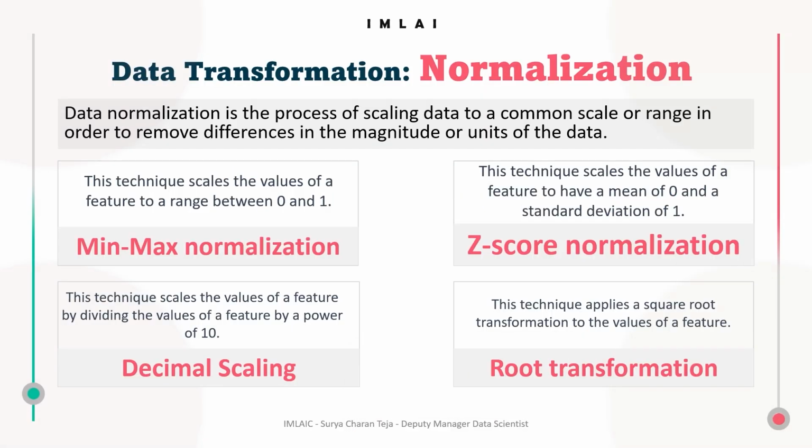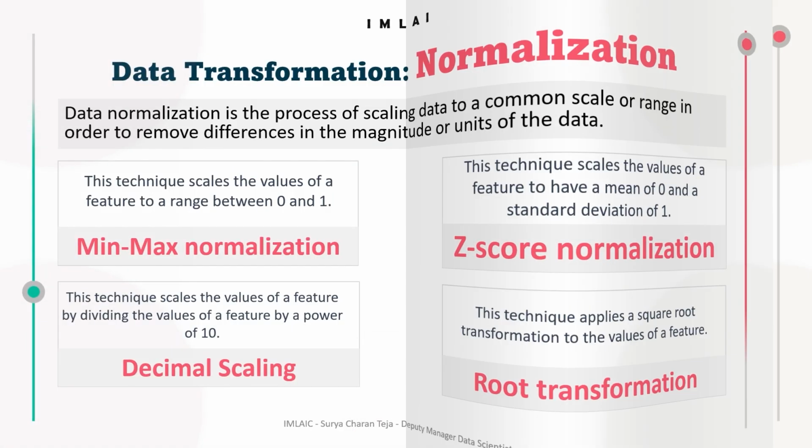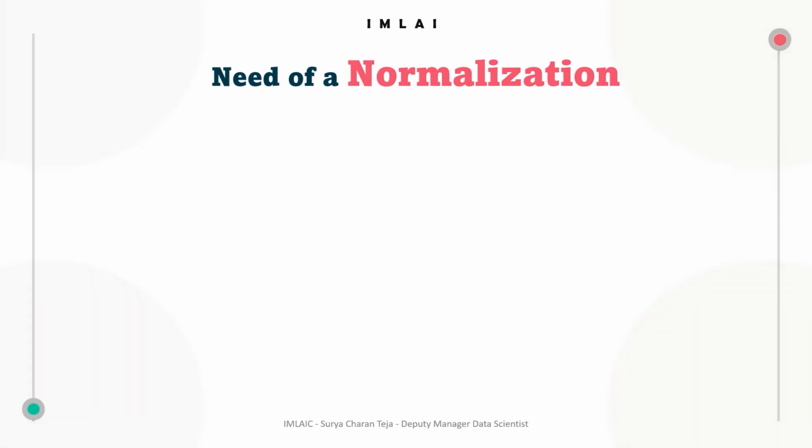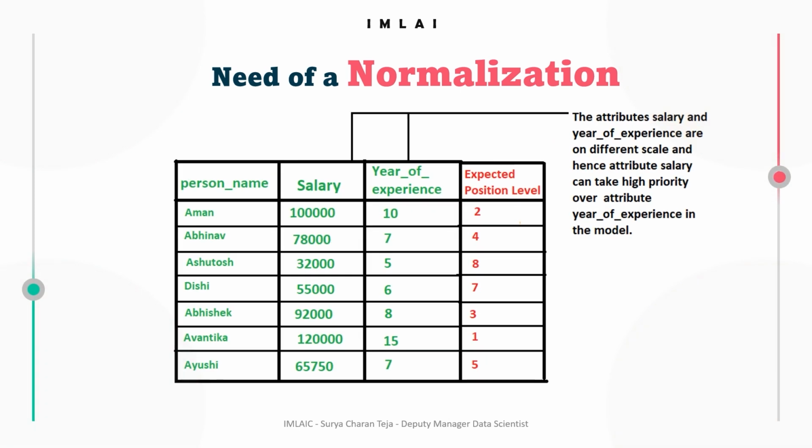Now the next question that arises in our mind is, what is the need for normalization? Normalization is generally required when we are dealing with attributes on different scales. Otherwise, it may lead to a dilution in effectiveness of equally important attributes, because other attributes have values on larger scales.